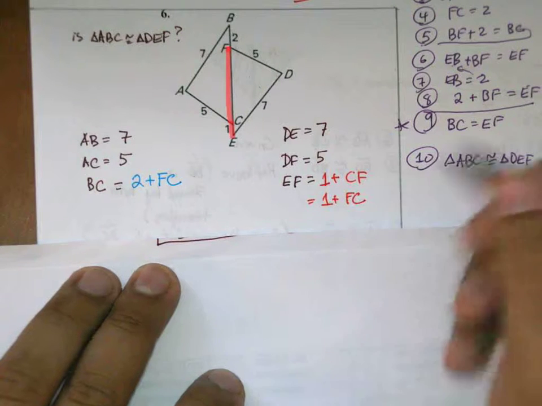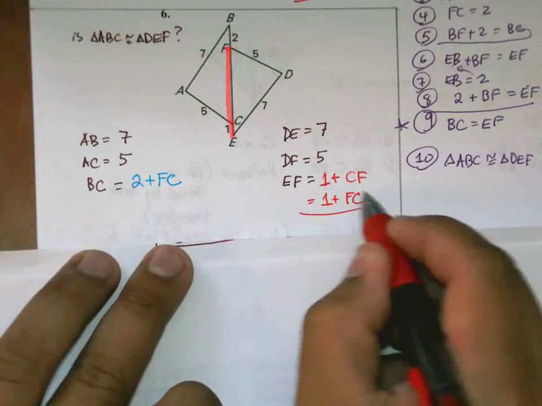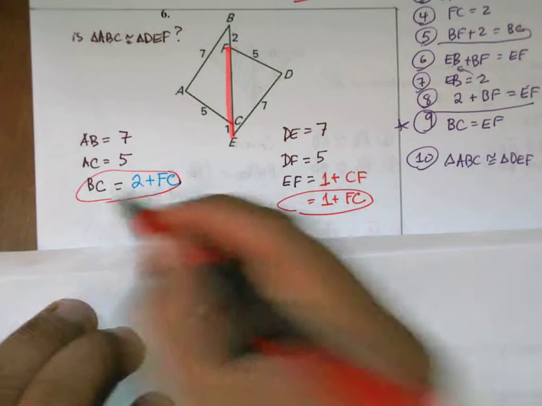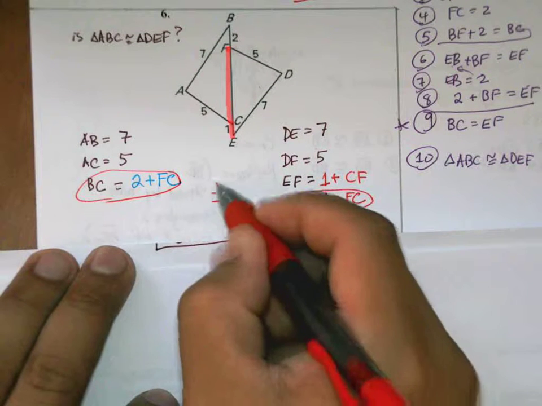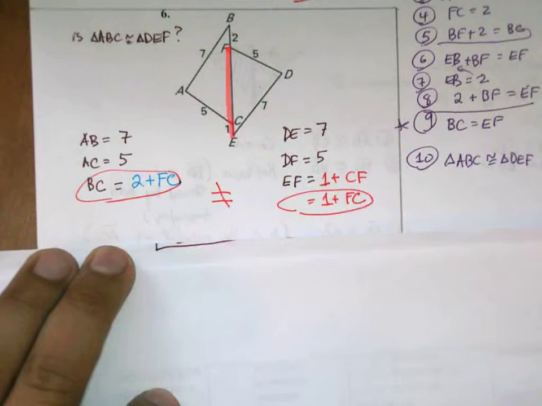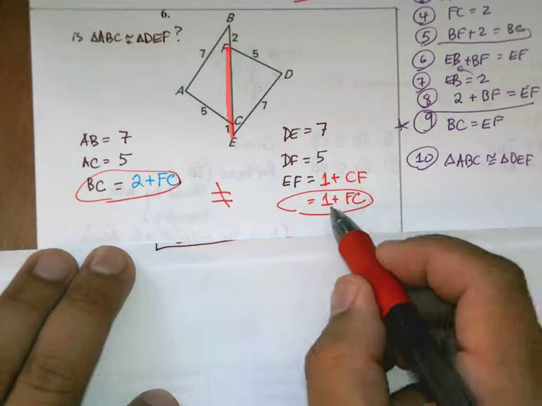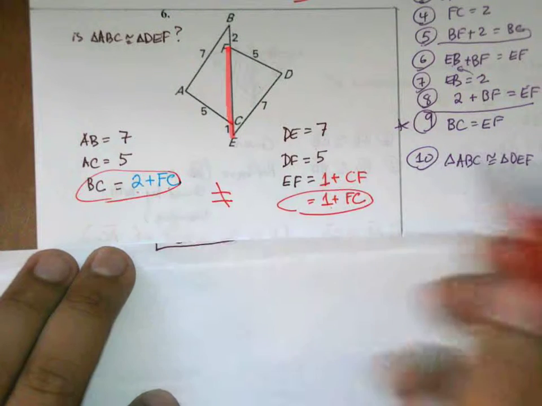Alright, well, now if we compare this and this, these two things can't possibly be equal. Because that's like saying 1 is equal to 2. This is equal to FC plus 1. This is FC plus 2. So there's no way that they can be equal to each other.